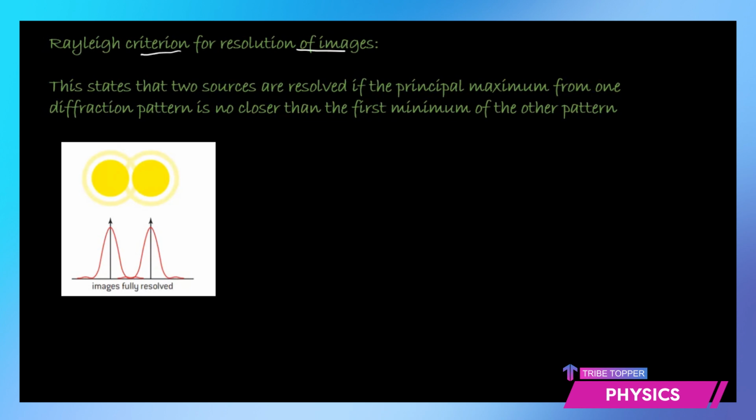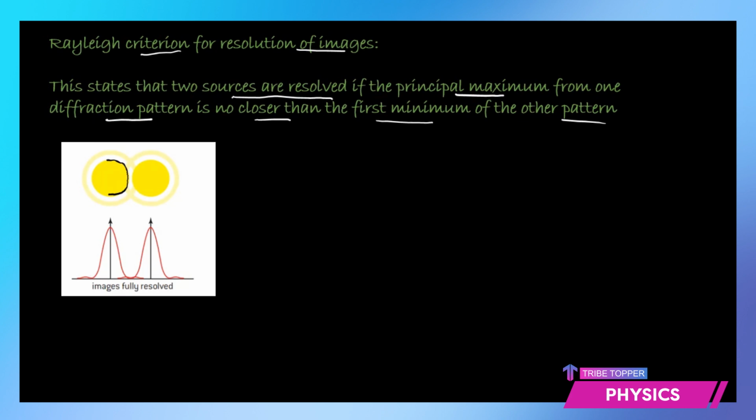According to this Rayleigh criterion, the two sources are resolved if the principal maximum from one diffraction pattern is no closer than the first minimum of the other pattern. So that means I have this source, and this is the principal maximum of one source. How close is it to the second one?